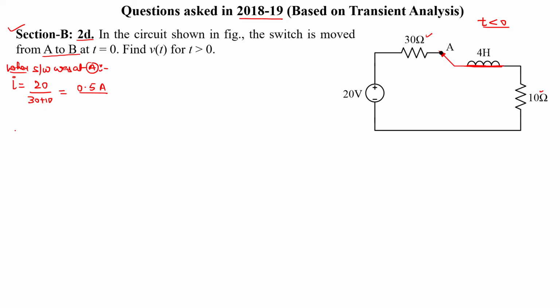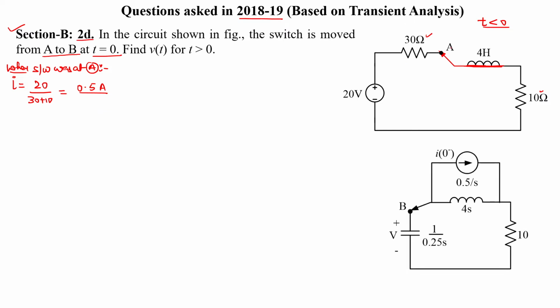Now when the switch is moved from state A to state B at t equals to 0, the circuit will become like this. Here the initial value when the switch moves to point B is IL(0 minus), equal to 0.5 ampere.